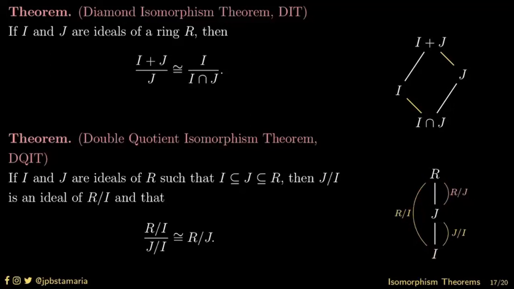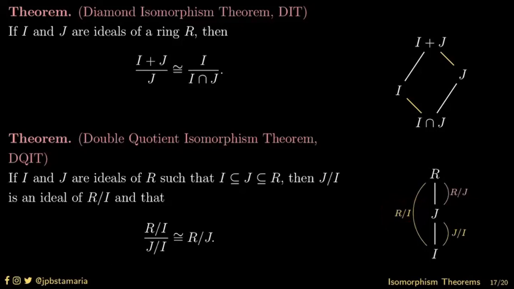And then you can also consider the quotient ring J modulo I. It turns out that J modulo I, kasi parehas cosets ng I ang laman nitong dalawang yellow, di ba? You look at the two yellows, pare-parehas cosets ng I ang laman nila. It turns out that J modulo I is an ideal of the quotient R modulo I. Kaya double quotient kasi kumukuha ka ng quotient ng dalawang quotient.